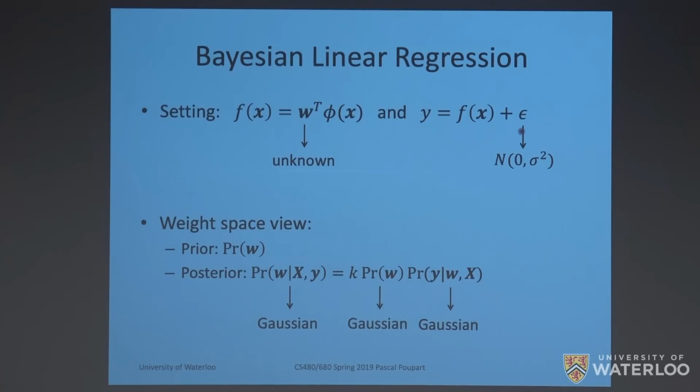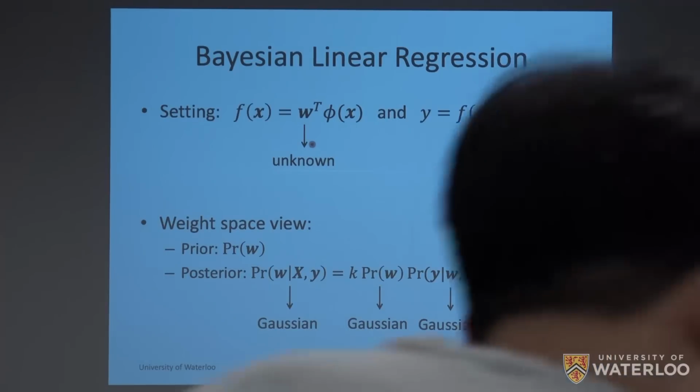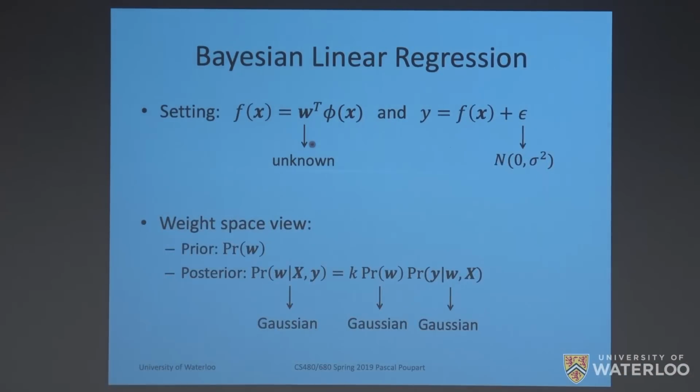Okay, so now I'm going back to allowing noise. And here we just assume that what we don't know is w. And then when we do Bayesian learning, what we don't know, we express a prior about this, and then when we see some data, we revise that distribution, and that's how we learn.